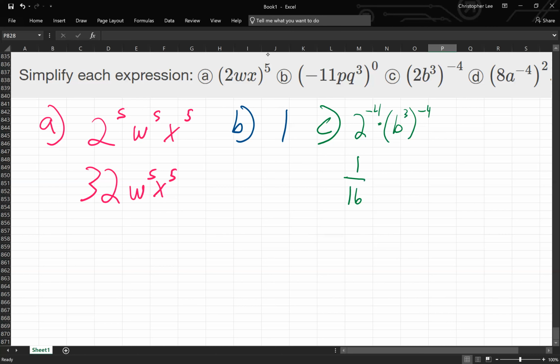And then b to the 3rd raised to the negative 4th power becomes b to the negative 12. You already know, not allowed to have that. So this is 1 over 16 b to the 12. Questions on that?